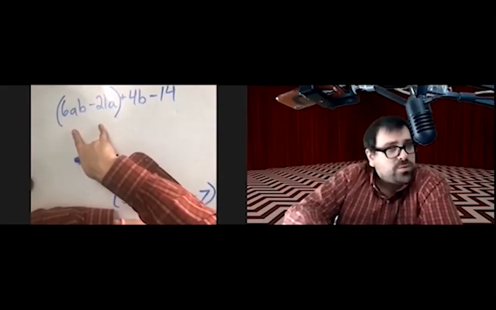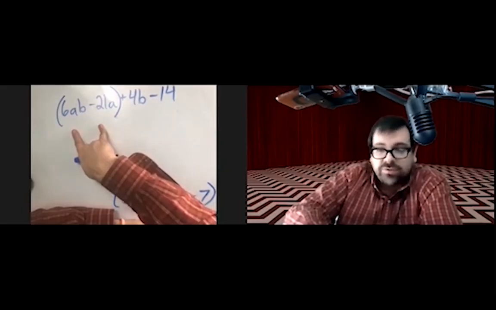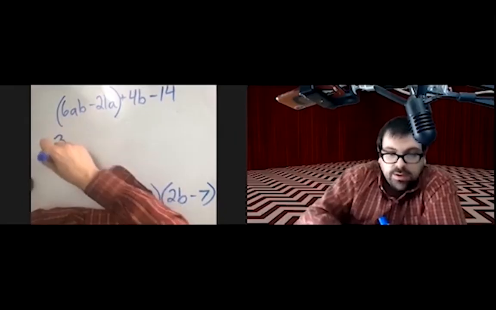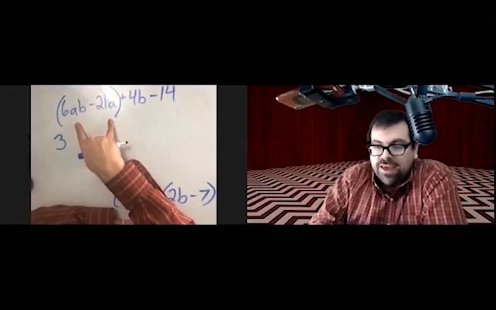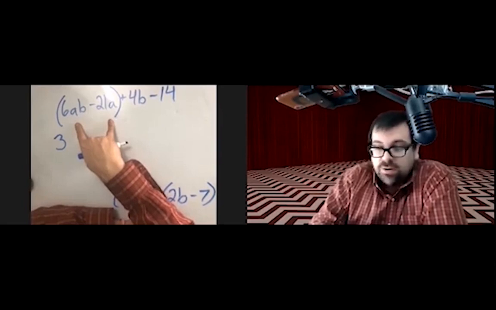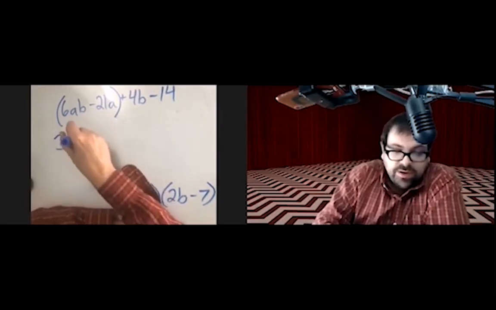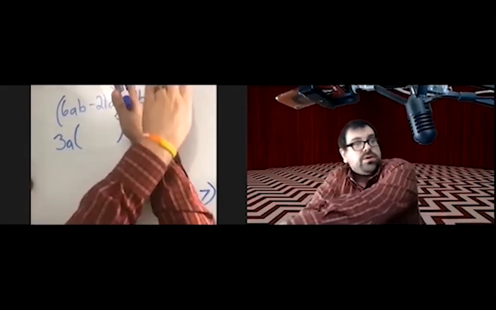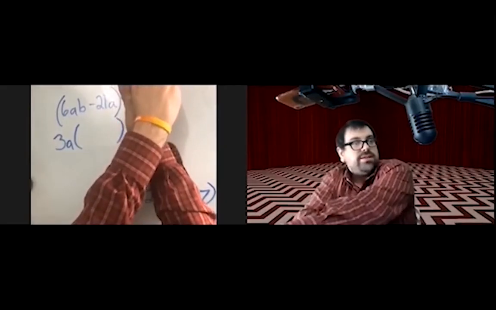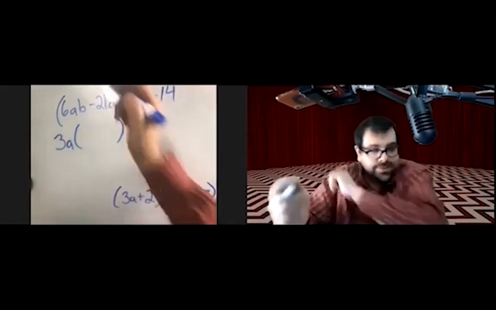Absolutely. 6 and 21 have a greatest common factor of 3. Both of these don't have B's, but they both have A's. The lowest power of A shown is a to the first. We're just factoring out of these first 2 terms. Again, we're ignoring the rest for now. They don't exist. La, la, la.